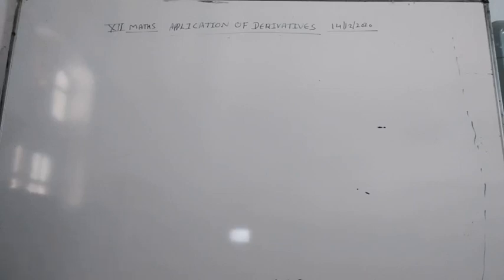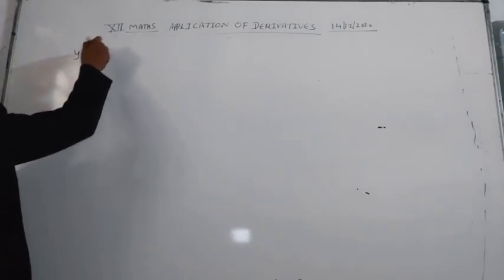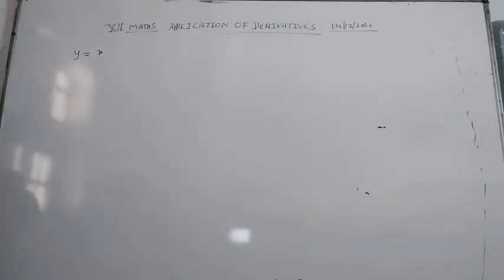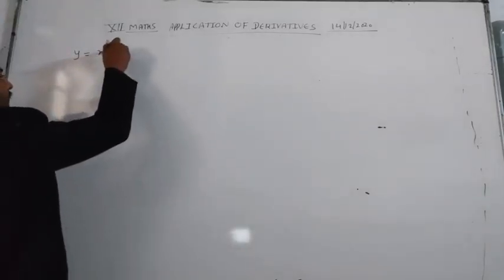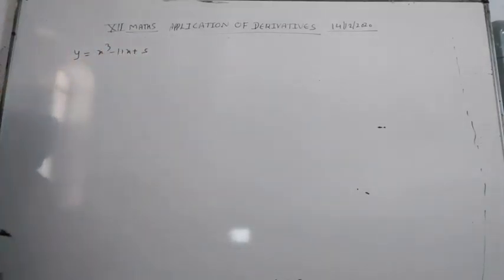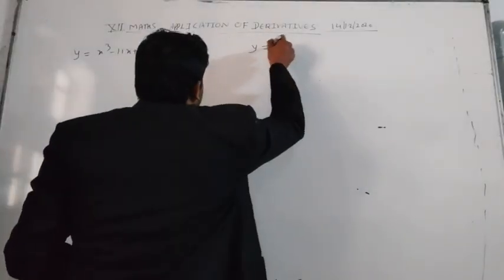Our next question is: find the point on the curve y is equal to x cube minus 11x plus 5, at which the equation of tangent is y is equal to x minus 11.